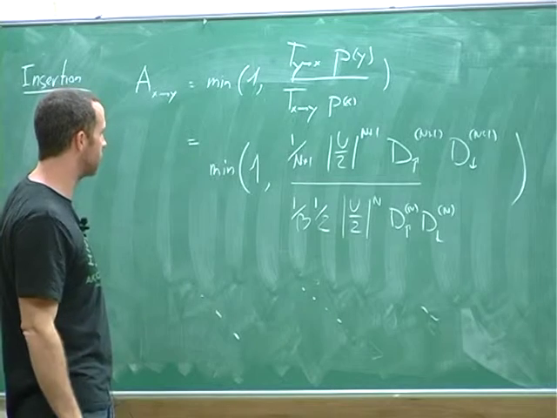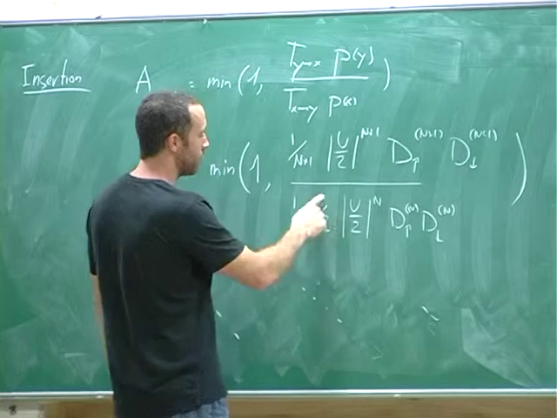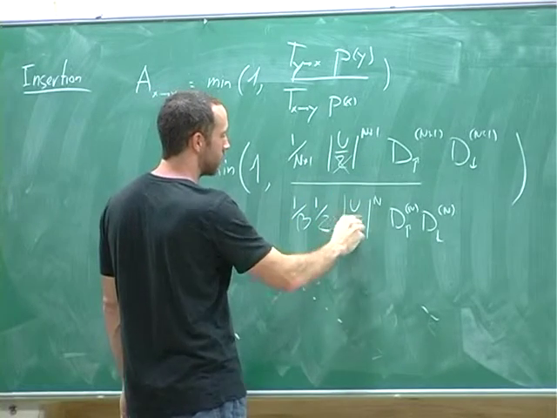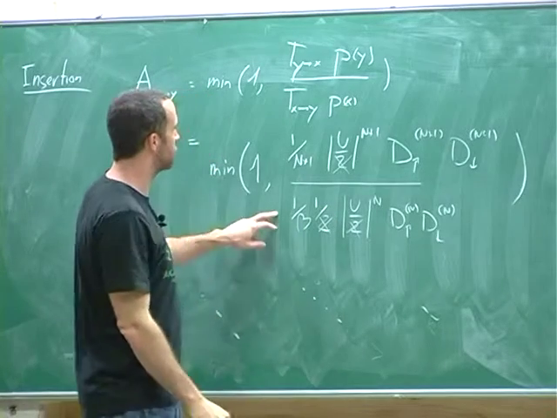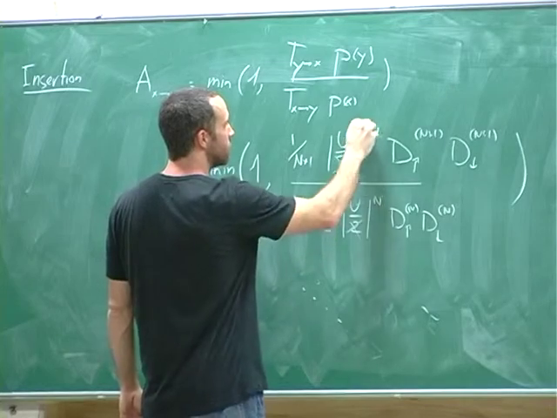Things will cancel out, hopefully. The 1 over 2 comes with n plus 1, like here, so this will cancel out. And u to the power n leaves me just a u.